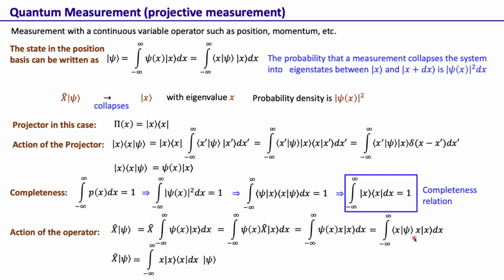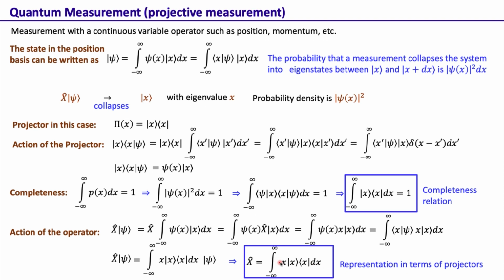We can push the ψ over there and rewrite it, and essentially what we get is this x operator has this kind of representation. Again, this is exactly the same as what we obtained for the discrete case. So that's the representation of this continuous variable position operator in terms of these position projectors. This formalism is pretty much the same for the continuous variable as for the discrete, so no surprises here.